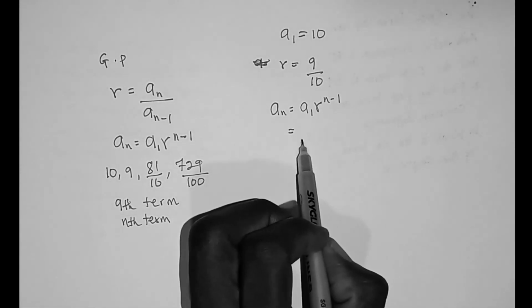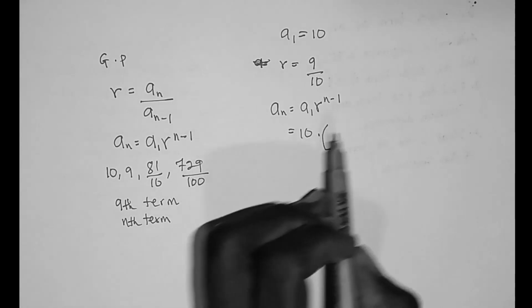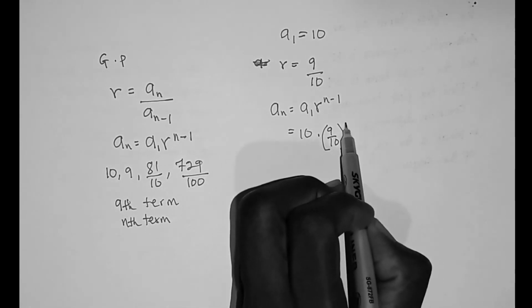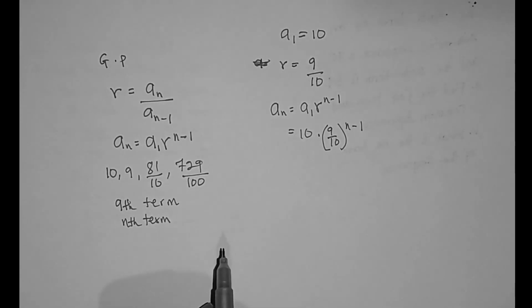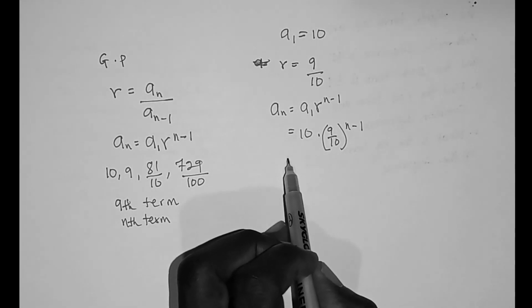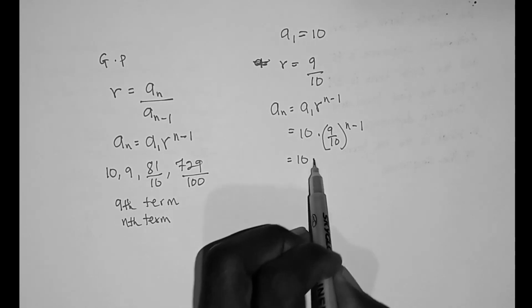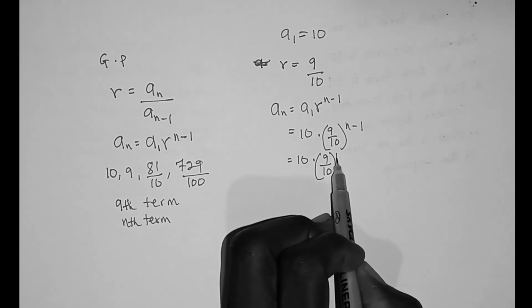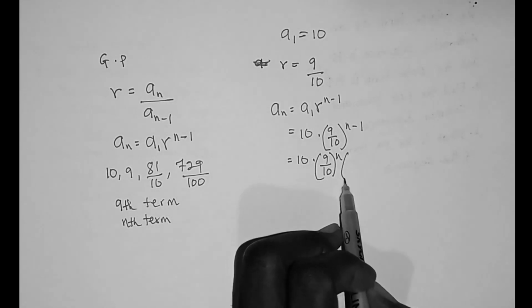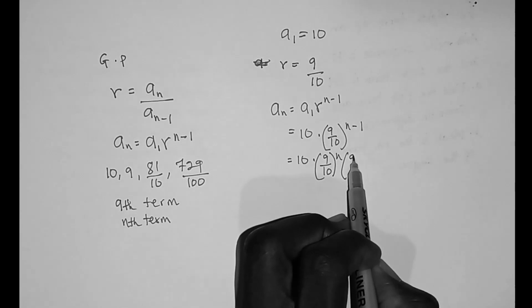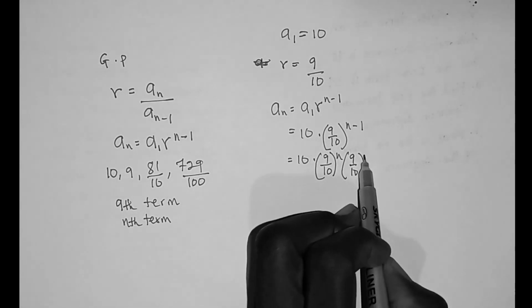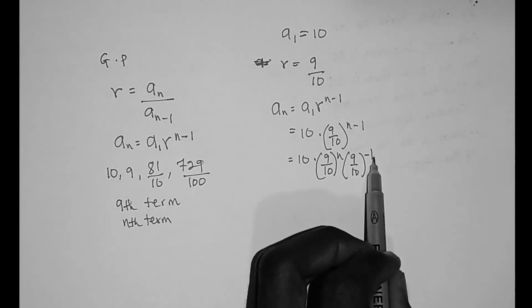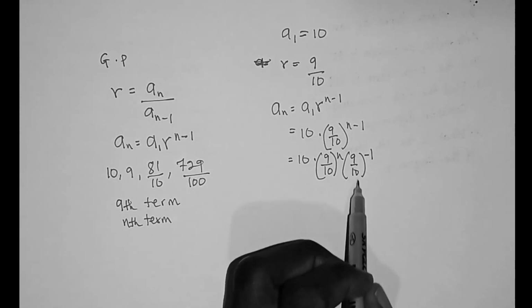So A1 is 10, so 10 times the common ratio, which is 9 over 10, then exponent N minus 1. So we can write this as 10 times into bracket 9 over 10 exponent N, then times 9 over 10 exponent minus 1. Since this is exponent minus 1, we can flip this fraction.